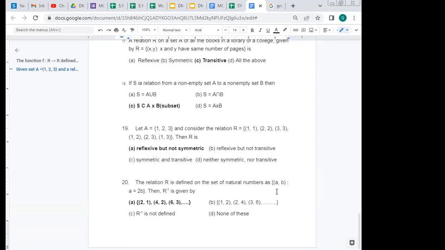What will (a,b) be? A equal to 2B is given, so if B is 1, A is 2. So (2,1),(4,2),(6,3) is R. And R inverse will be (1,2),(2,4) and (3,6), like this. Option B is correct here. It's my mistake. We have asked for R inverse. The second option is correct here.